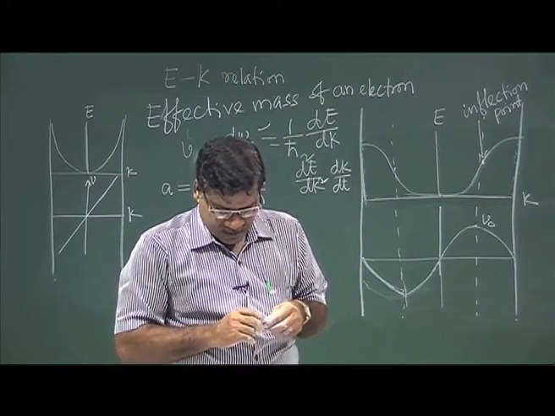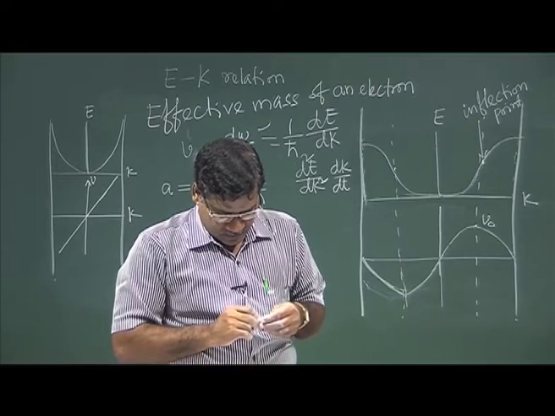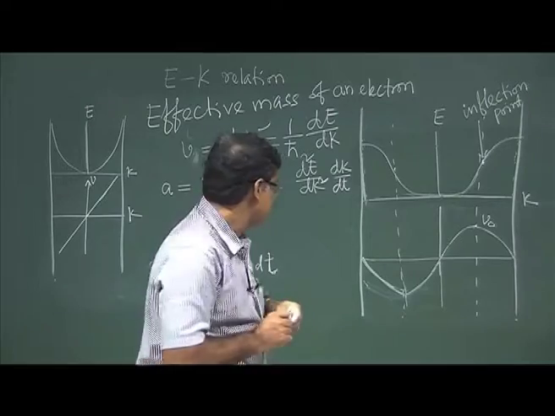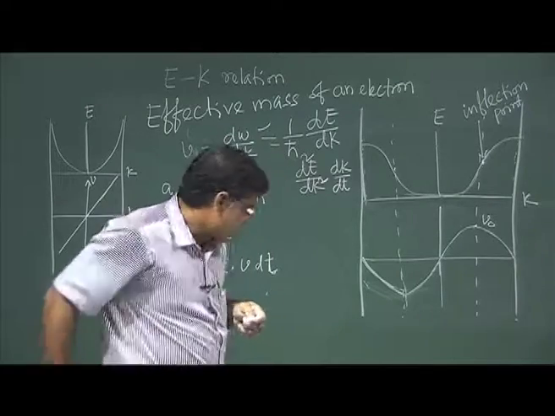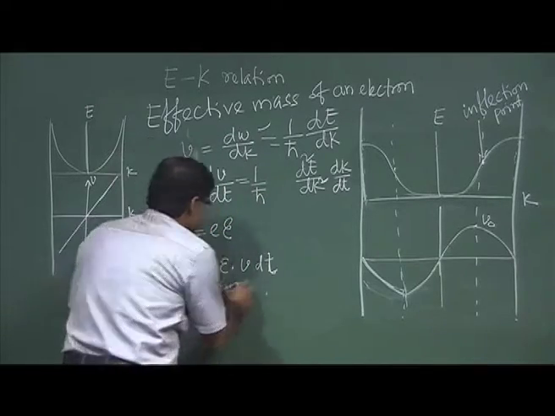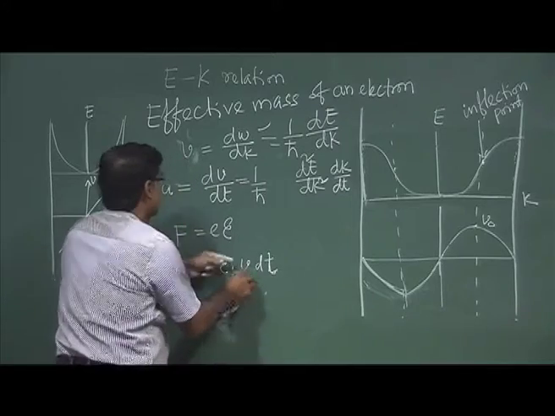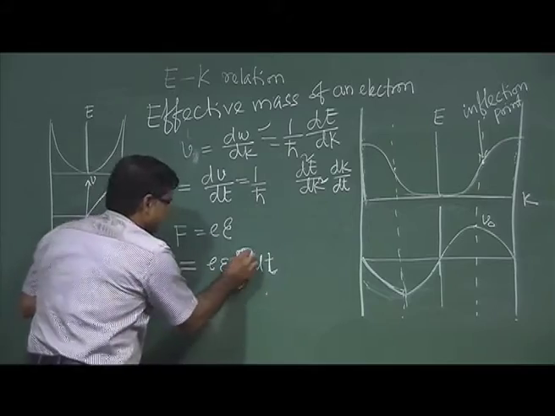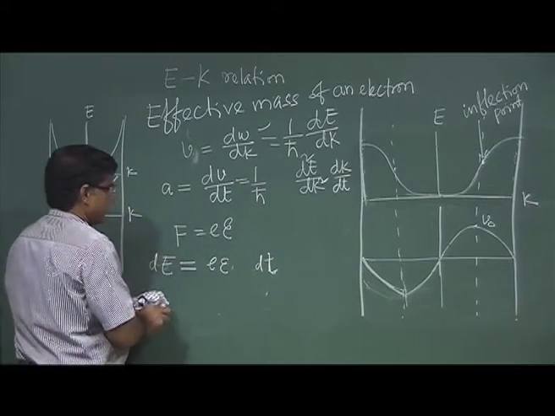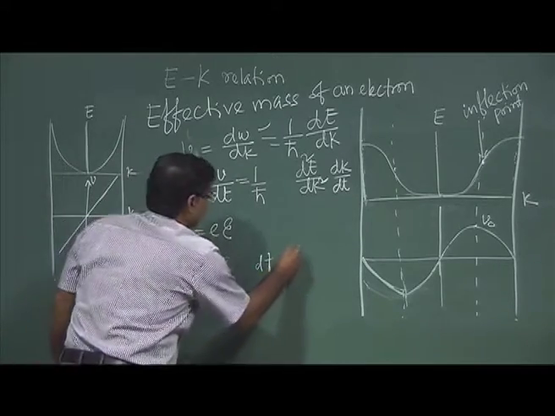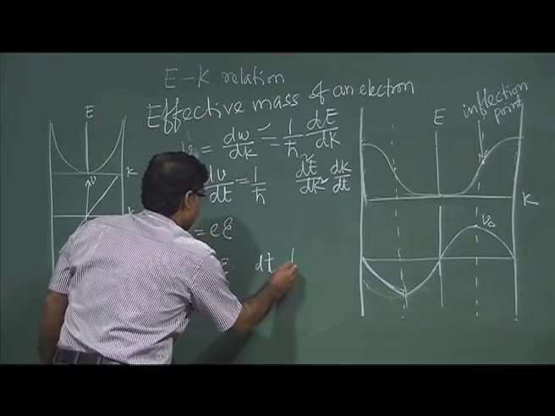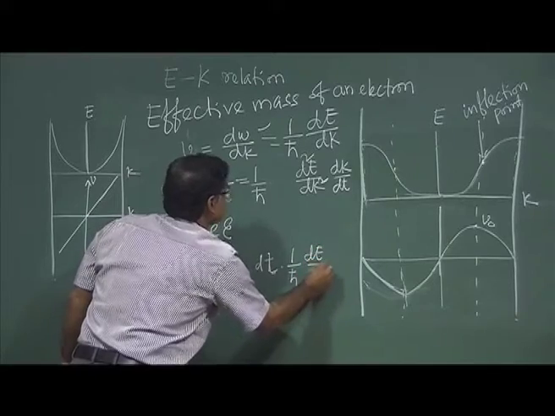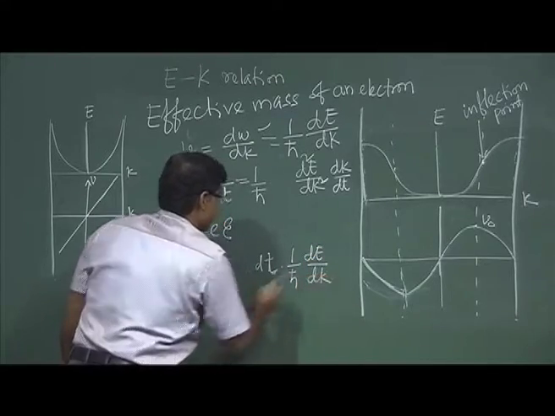So, V dt, where V by definition is this. So, I can replace V by 1 by h cross dE by dk, right.